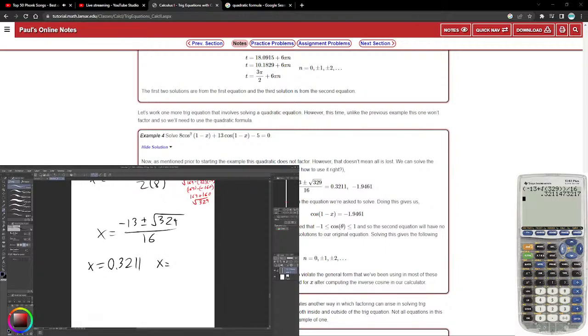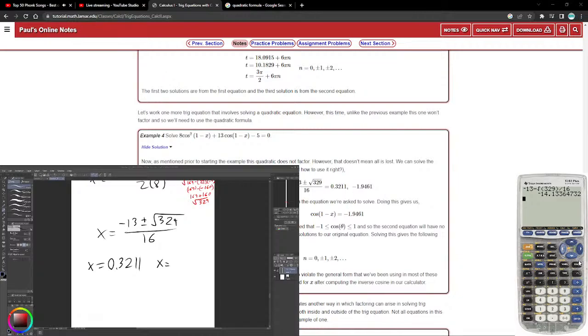And then x equals, okay, -13 minus square root of 329. Oh, I messed up. Would it still work? It might still work. Let's try. -14. No, okay.